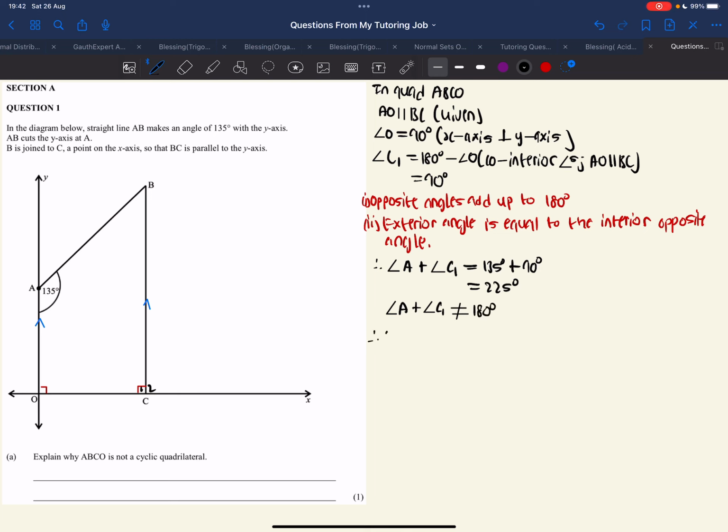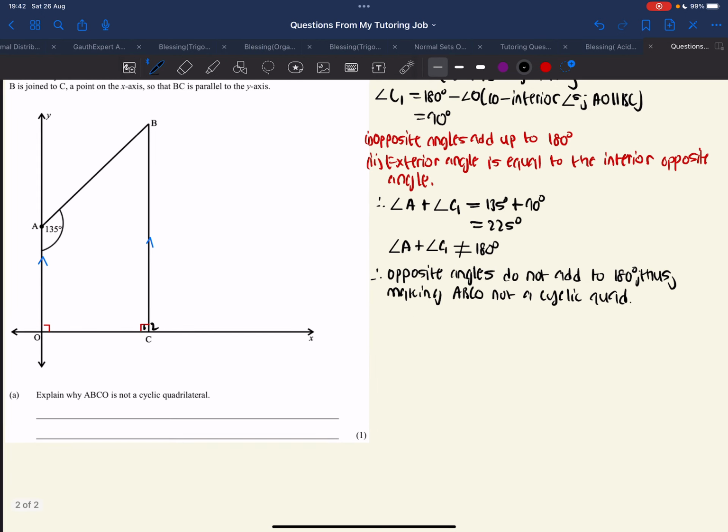Therefore opposite angles do not add up to 180 degrees, therefore making ABCO not a cyclic quad.